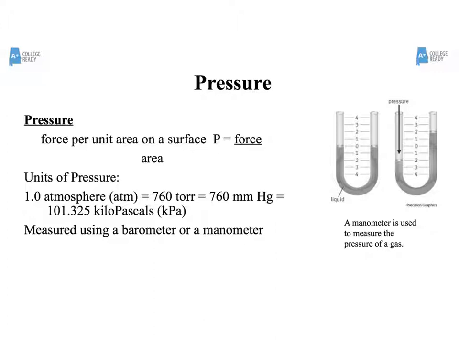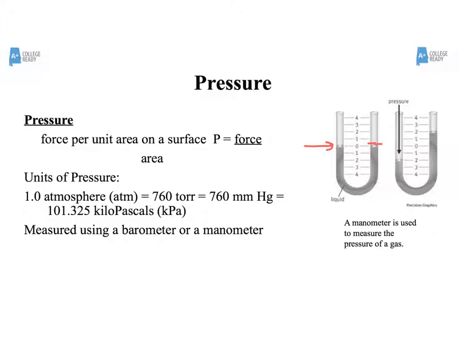For example, this drawing on the right-hand side is a manometer, and a manometer will measure pressure in units called millimeters mercury. Basically, when there's no pressure on the liquid in the U-shaped tube, the manometer, you can see that the levels are equal on both sides.